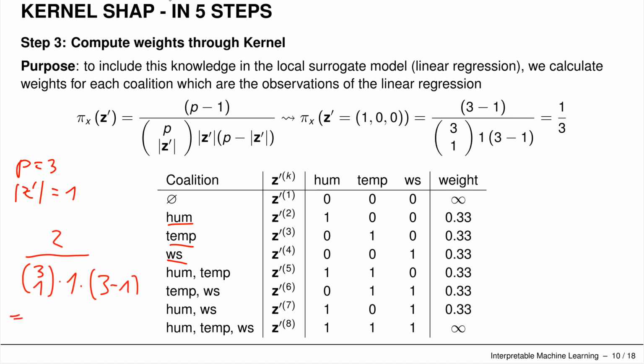And this is 2 over 3 times 1 times 2. And this is 1 over 3. Right? So same as we have here.